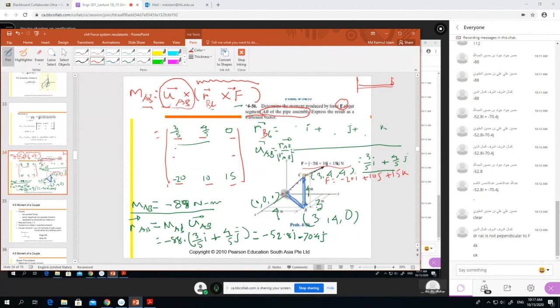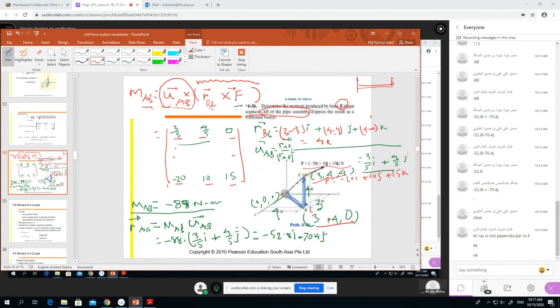So RBC equals, where B is here and C is here, right? So this will cancel out. If I do it, 3 minus 3, 4 minus 4, and 4 minus 0, so RBC is only 4K.